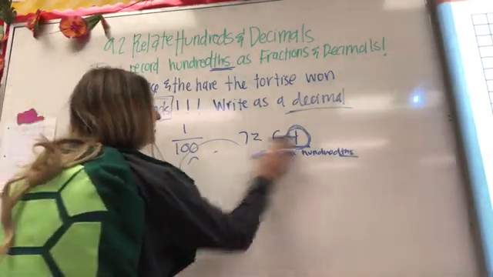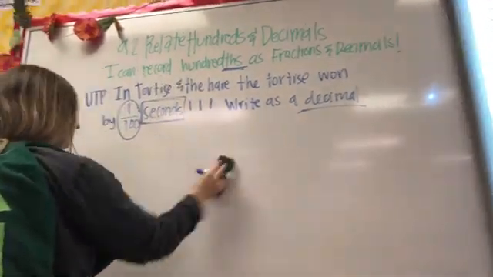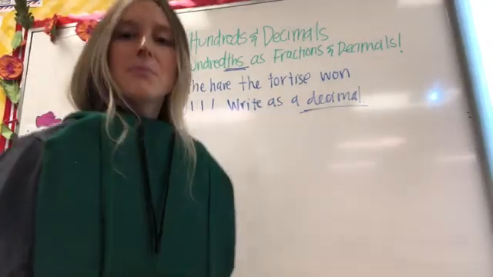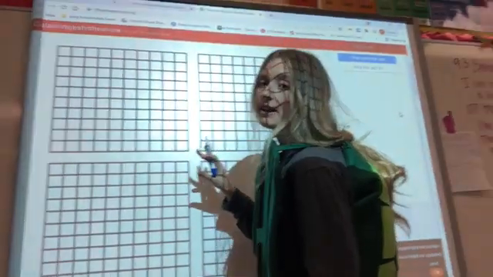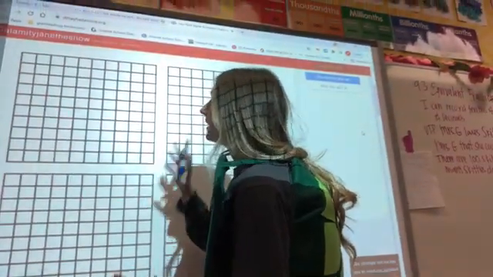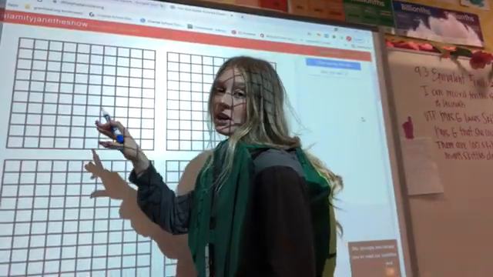Let's talk about it in terms of what this would look like as a picture. So I'm going to move you on over here. Each of these grids is 100 cubes, so this is all out of 100.